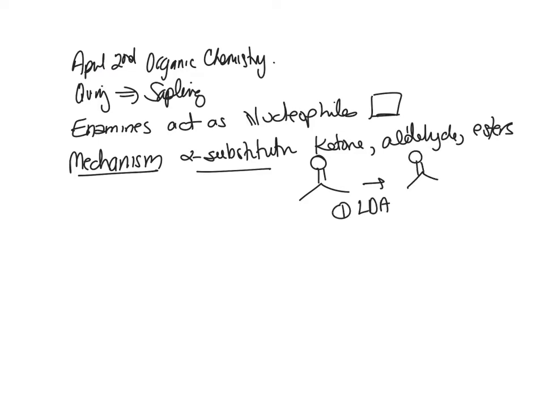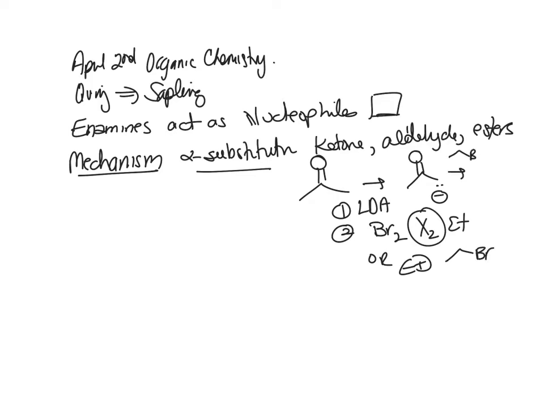You make your enolate, and then you react it with an electrophile such as a primary alkyl halide. If you use a primary alkyl halide, then you get something that looks like that. So that was alpha substitution.